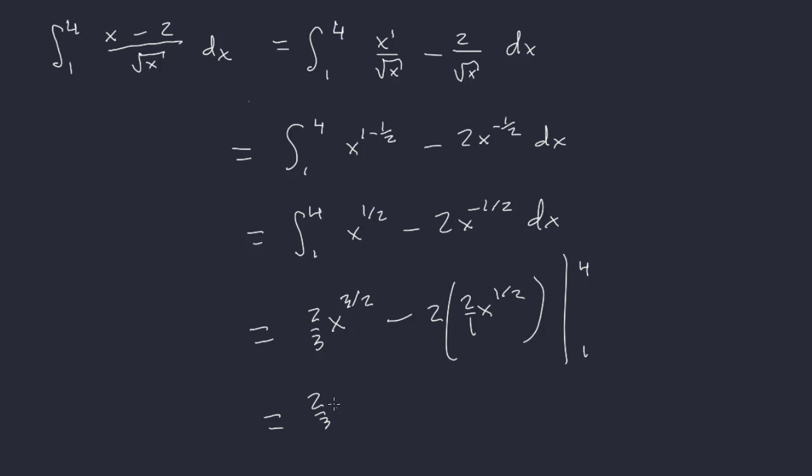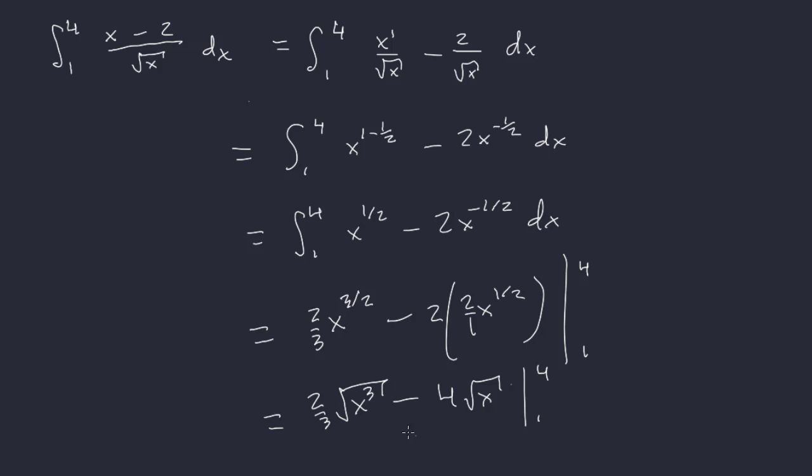Okay, so I have 2/3 x to the 3/2 minus 4x to the 1/2. Well, x to the 1/2, that's the square root of x, right? X to the 3/2, now this is something I think many people have problems with. X to the 3/2, that's the same thing as writing the square root of x cubed, right?